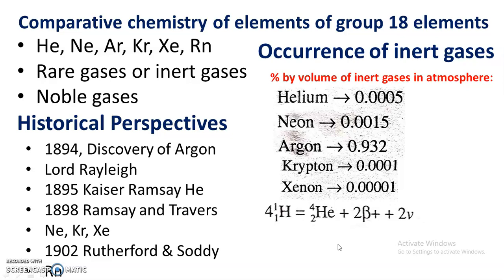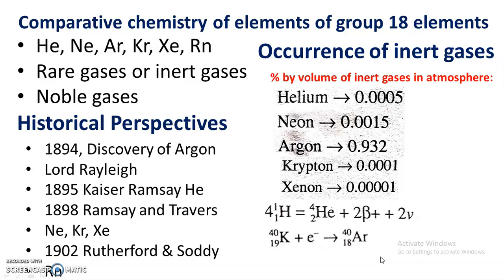Now neon is present to the extent of about 18 ppm by volume in dry air. Argon, the most abundant noble gas in the air, is formed in air mostly by electron capture of potassium. This is the electron capture reaction: potassium-40, on electron capture, forms argon.